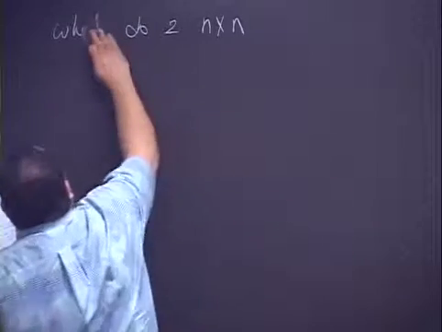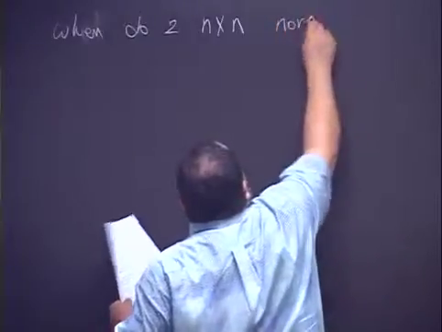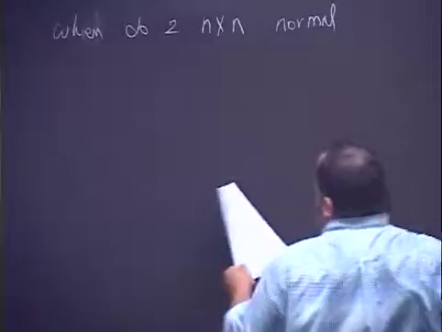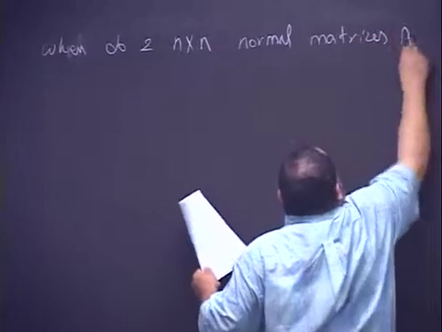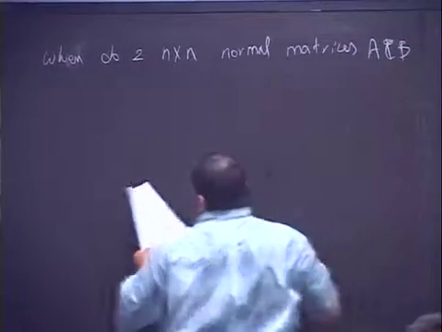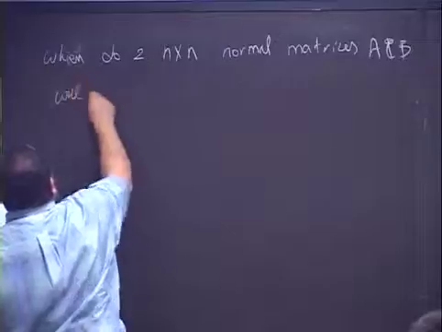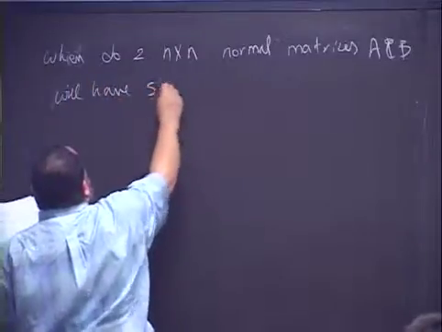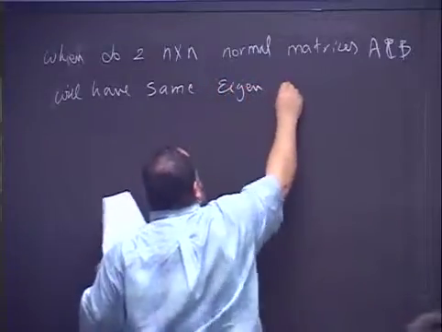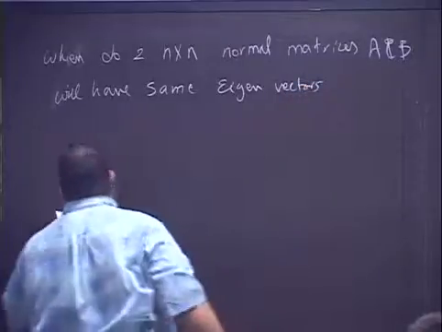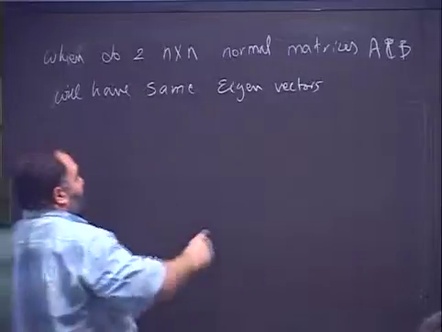When do two n by n normal matrices, so if we have two normal matrices and each one of them is n by n, let's say A and B, when will those two matrices have the same eigenvectors? So this is the question.